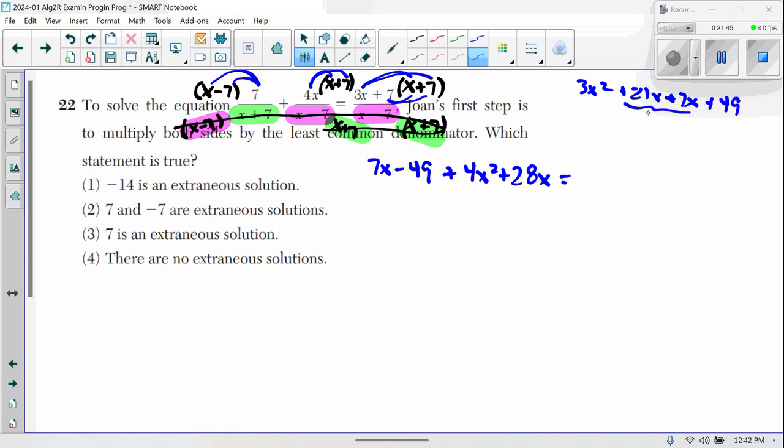These two combine to be 28x. So I've got 3x squared plus 28x plus 49.